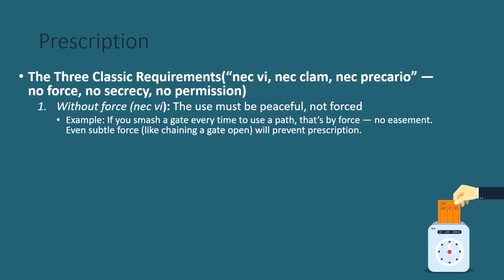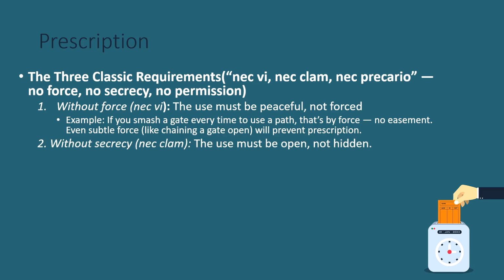So if you smash a gate every time to use the path, definitely no easement. And even something a bit more subtle, like chaining a gate open, will probably prevent prescription, but obviously this is a bit of a matter of degree, and what amount of force might be too much and what is still acceptable.